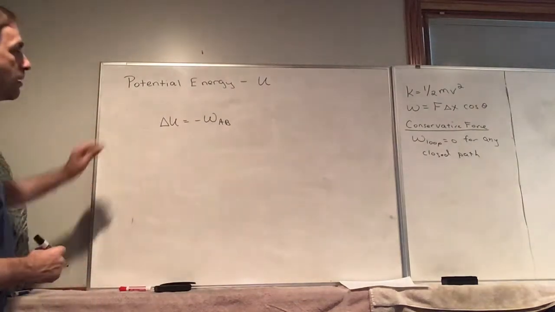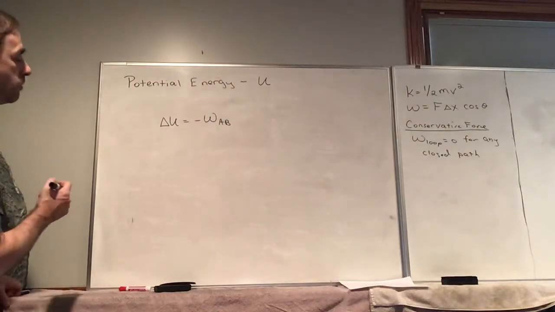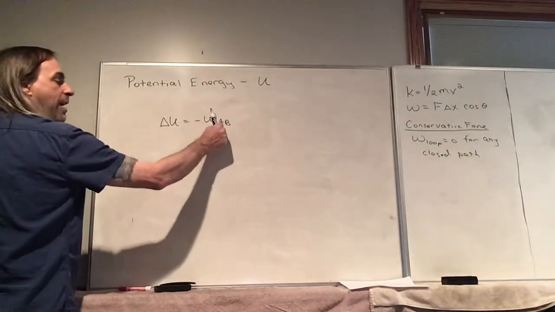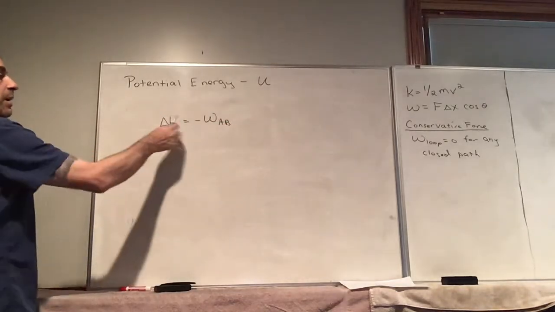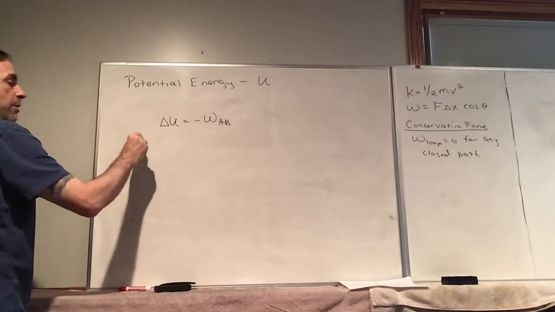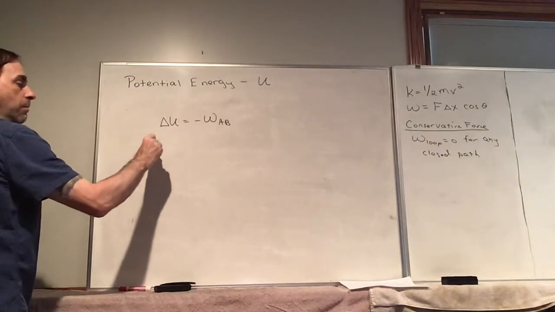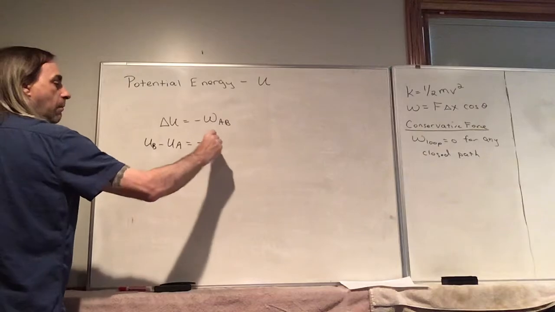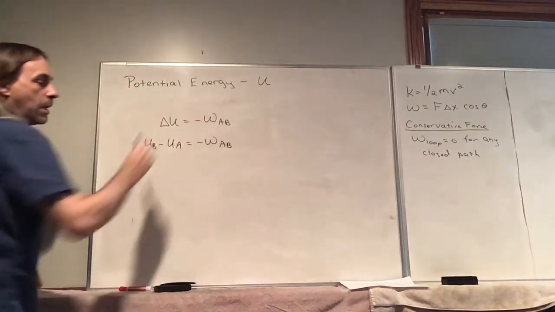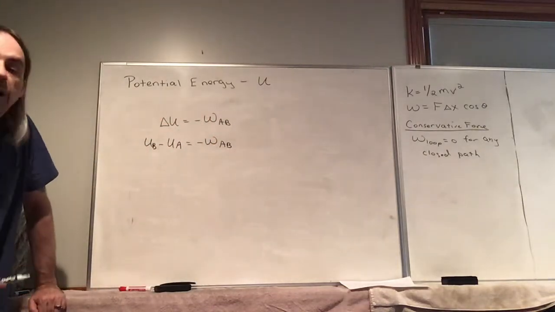To be a little more clear, we have work AB. So we start at point A, end at point B. So delta U would be UB minus UA. So this is how we define potential energy.